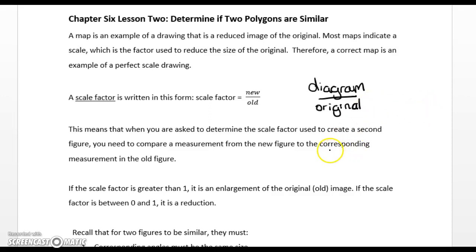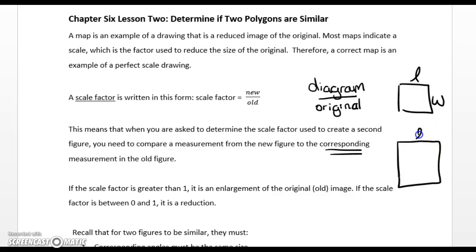So one thing here that's really important is the word corresponding. You can't just take two random sides and hope for the best. They have to be corresponding, which means that they're in the same position. So say we had two rectangles. I'll label this one length and width. And then suppose I had an enlarged version with dimensions length and width. So you'd have to use the ones that are in the corresponding side.